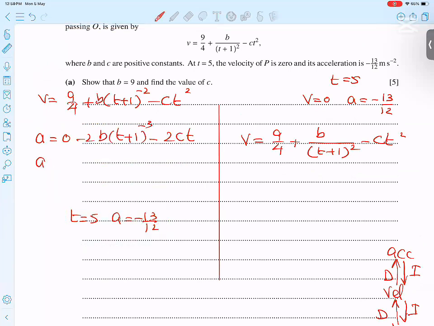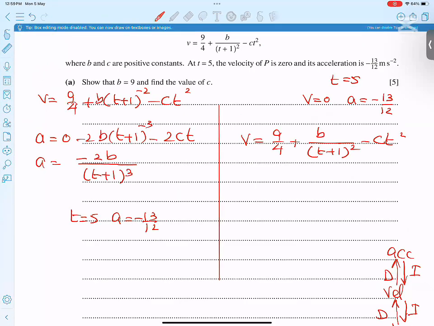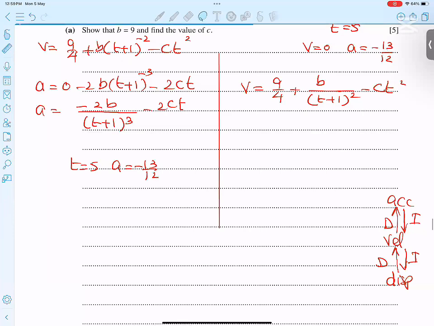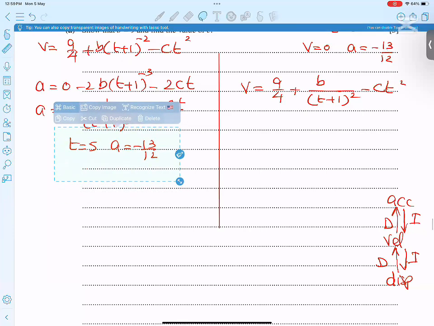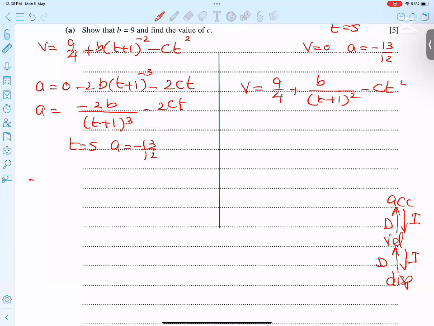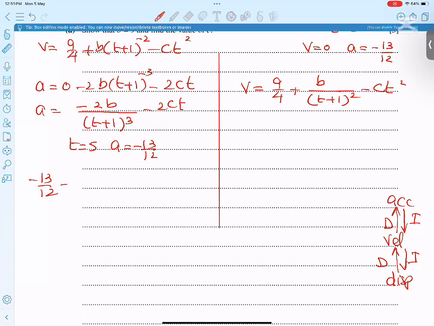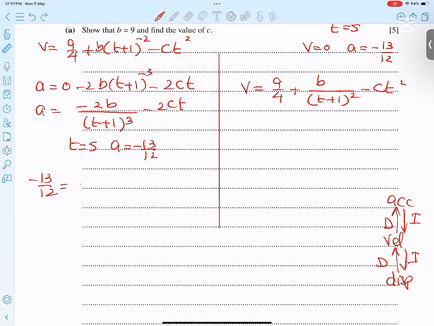So it is better to first simplify. Negative 2b over t plus 1 to the power 3. Now I'm going to plug in the values. When I plug in, negative 13 over 12. When I plug in 5, 5 ones are 5 and 6, 6 to the power 3 is 216. And this 5 twos are 10c.